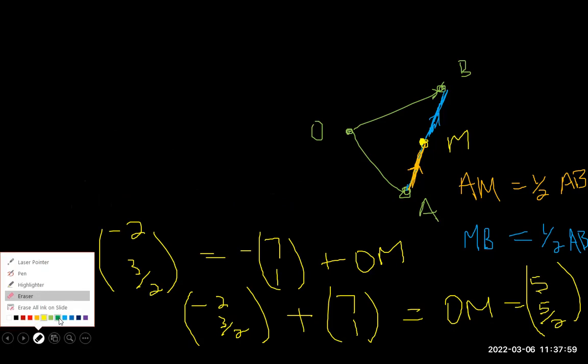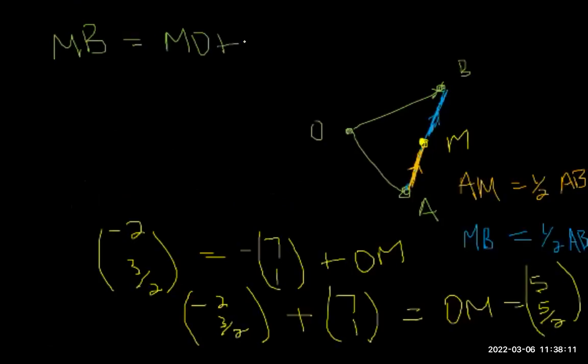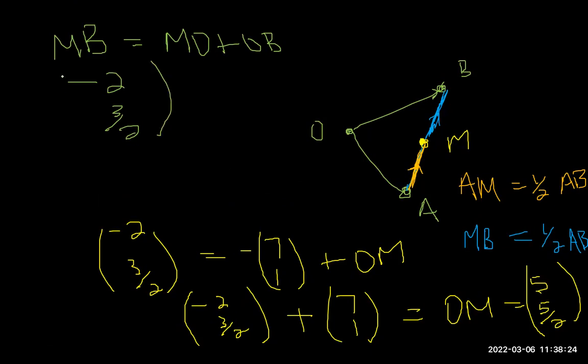All right, so like I was saying, you did not have to use AM. You could also use MB. So in this case, MB would be MO plus OB. MB is still a half AB, so the answer for MB would still be -2, 3 on 2, because that's a half AB.